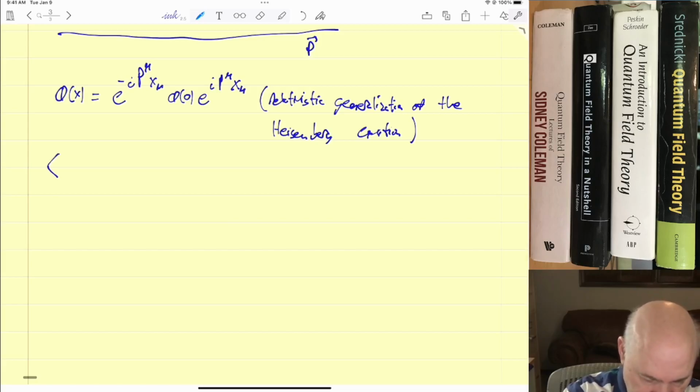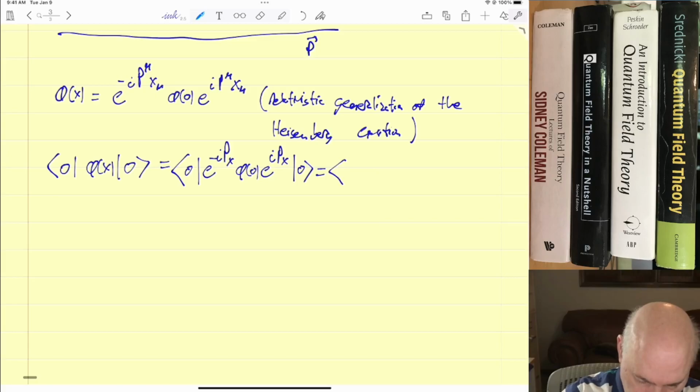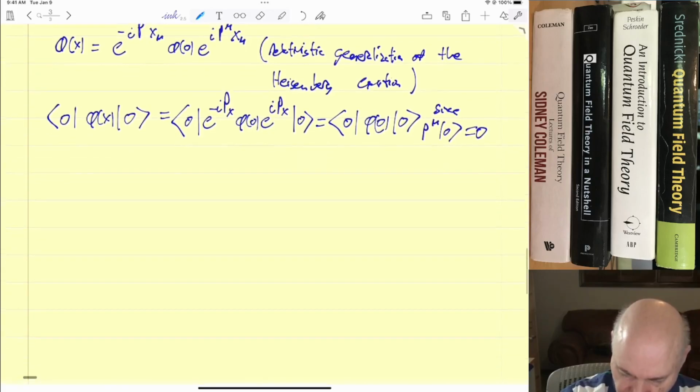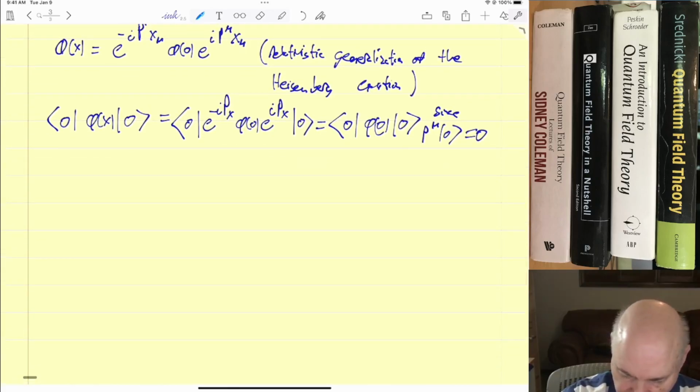Now, we could take the matrix element <0|phi(x)|0>. This is equal to <0|e^{-iP·x} phi(0) e^{iP·x}|0>, which is equal to <0|phi(0)|0>. And since the vacuum has no energy momentum, you just expand this out exponentially, and you can see that that works.